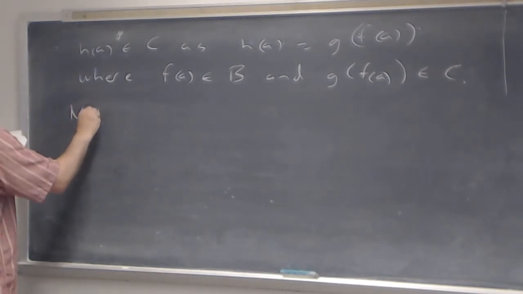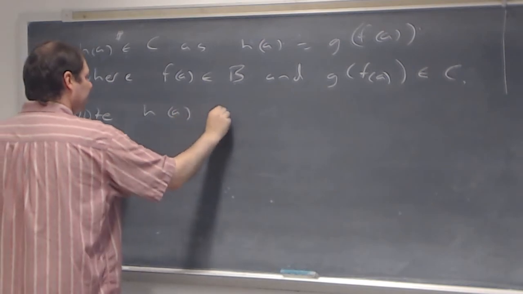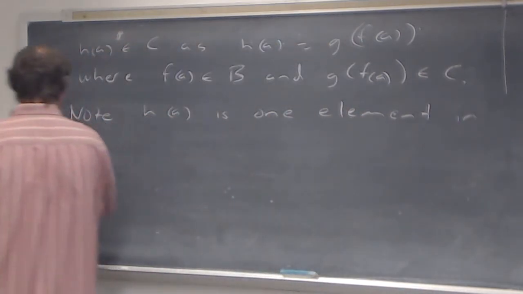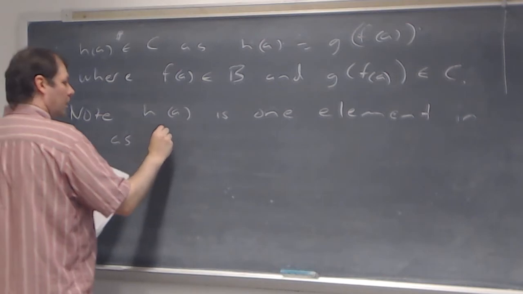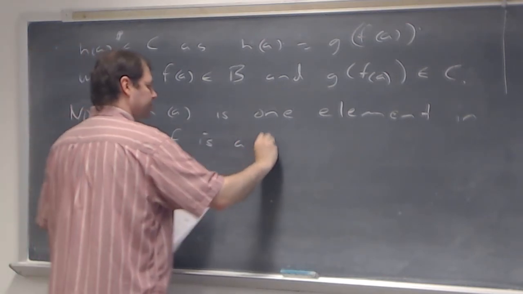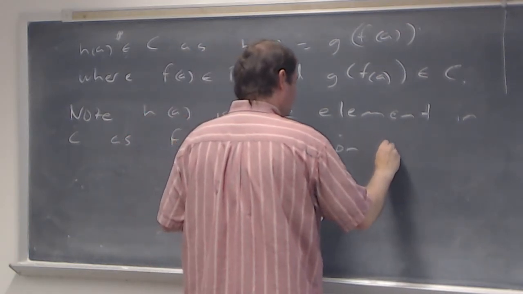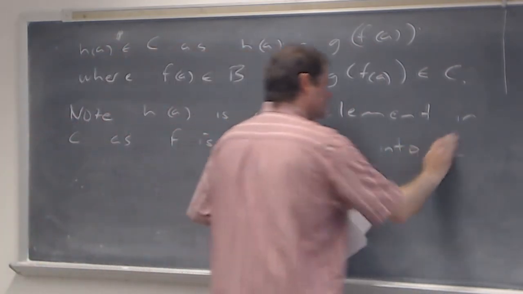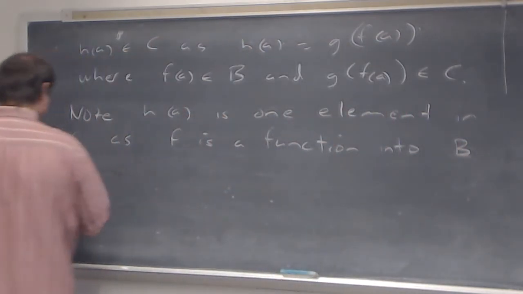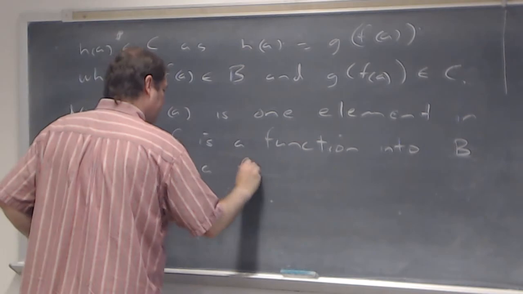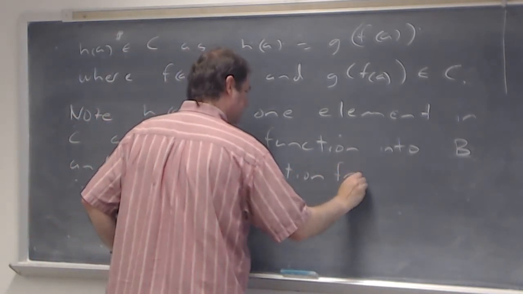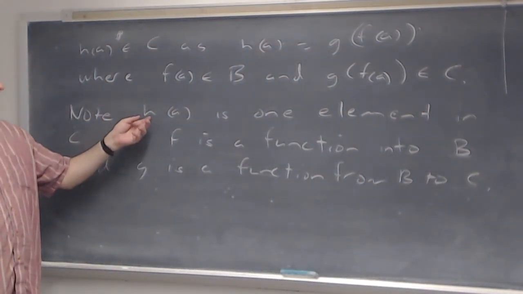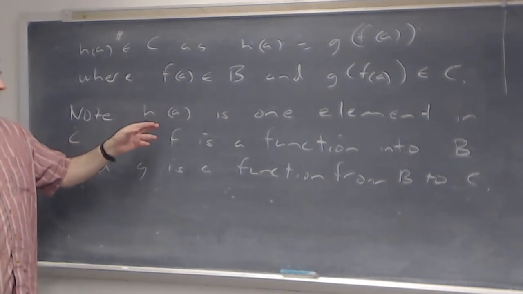And then, just as an observation, note H of A is one element in C as F is a function into B, and G is a function from B to C. So here, the concern was, is there a chance that F grabs an element from big A and sends it to more than one thing?